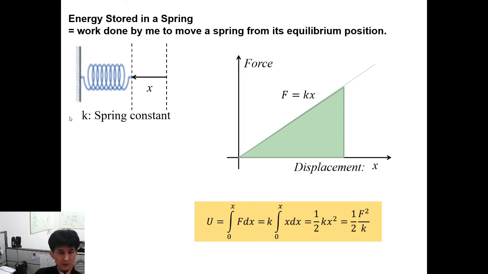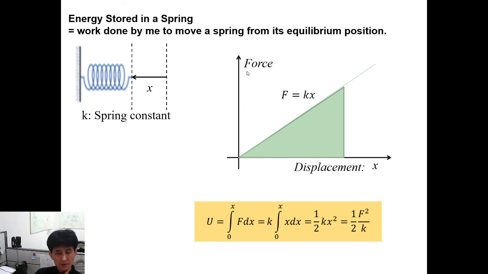K is the spring constant. The force generated by the spring is x times k. That's the property of a spring.